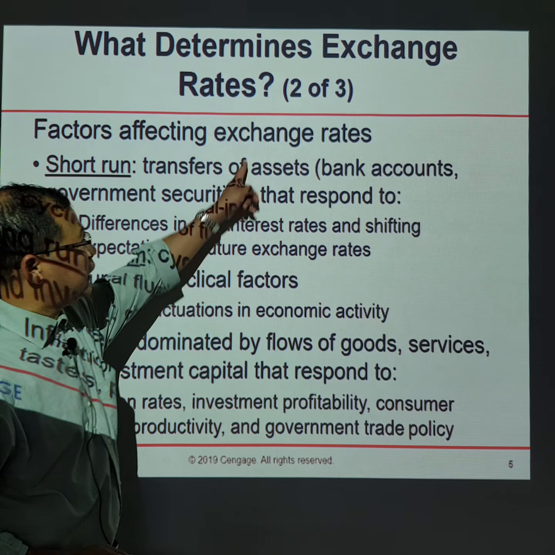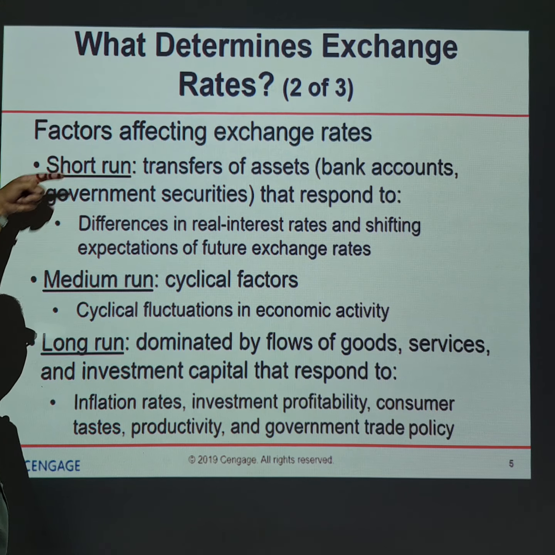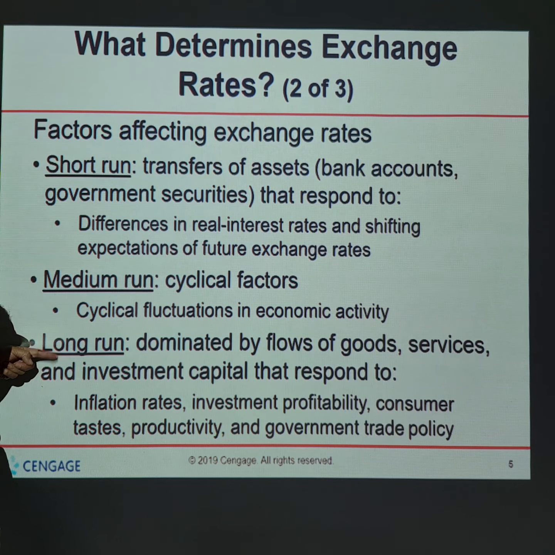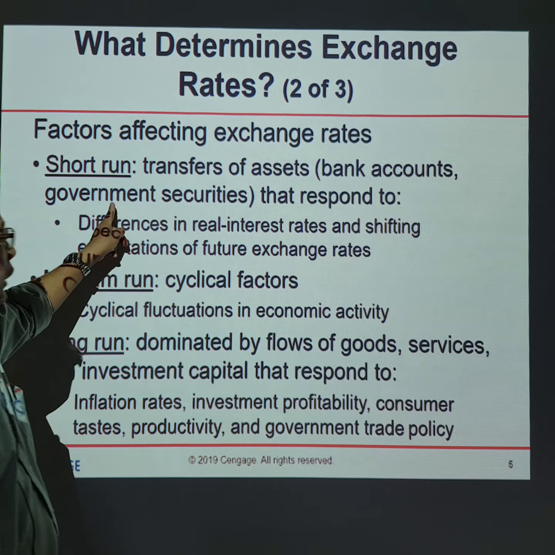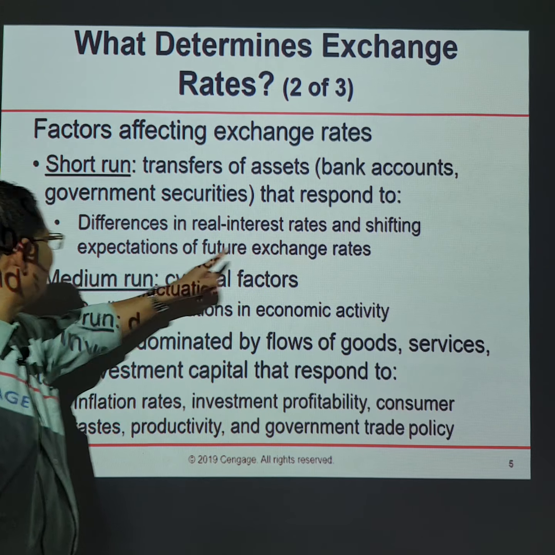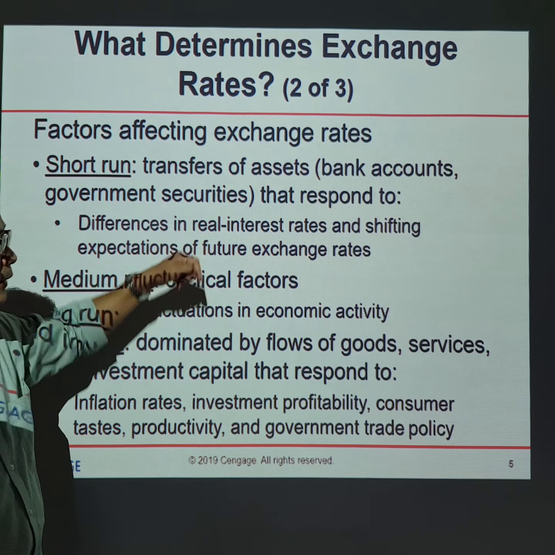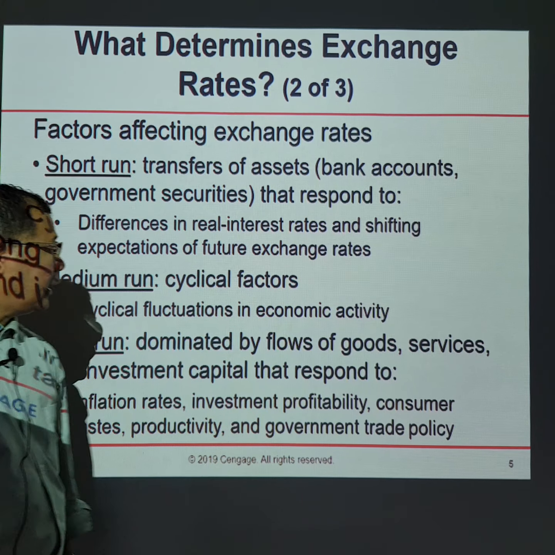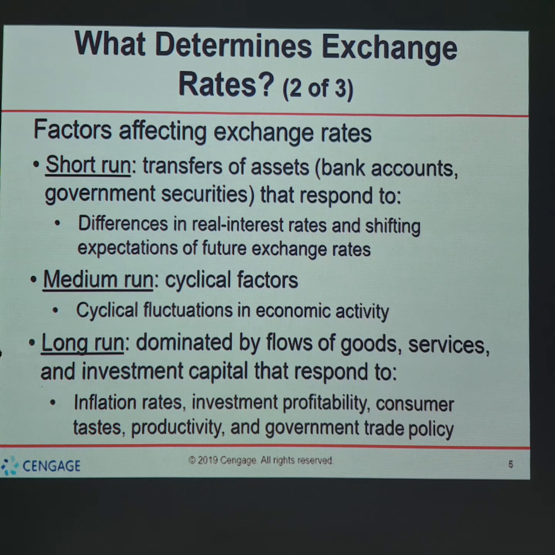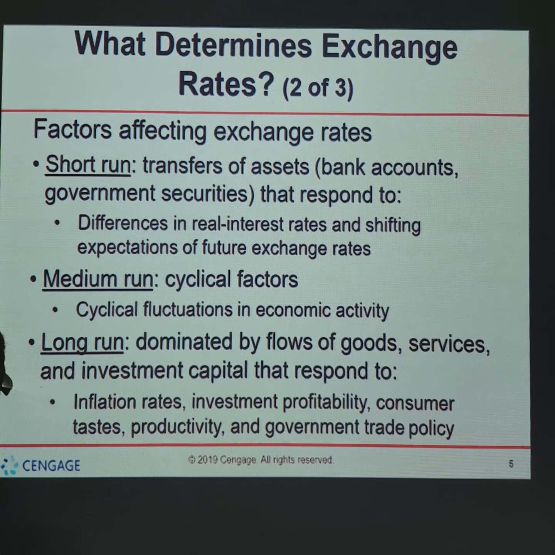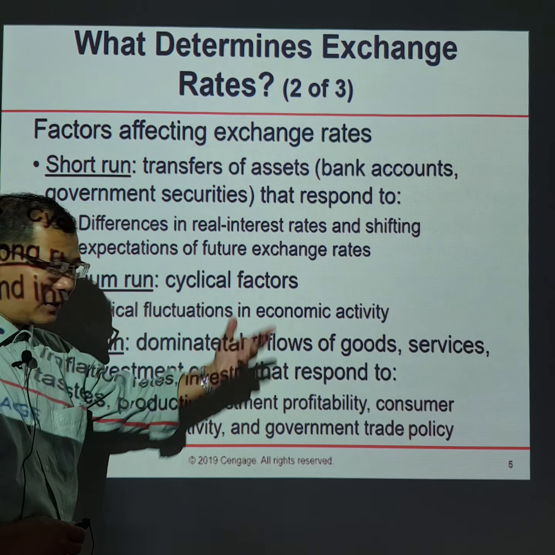Factors affecting exchange rates in the short run, medium run, and long run. In the short run, transfers of assets, bank accounts, government securities that respond to differences in real interest rates across countries, and shifting expectations of future exchange rates. In the medium run, it's got to do with cyclical factors, up and down the economy.